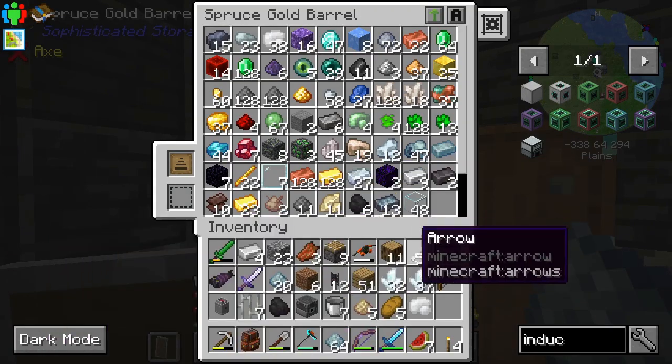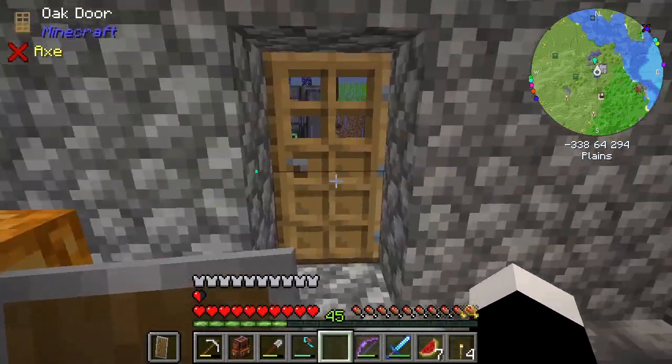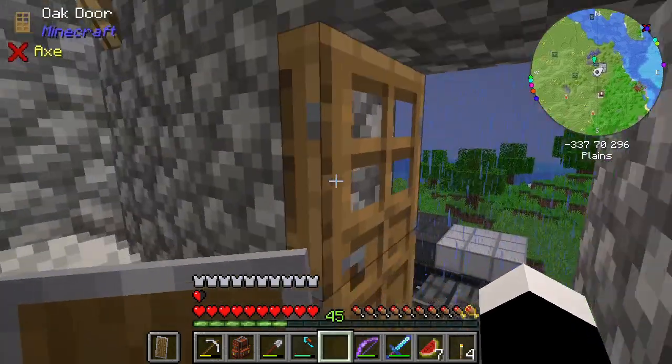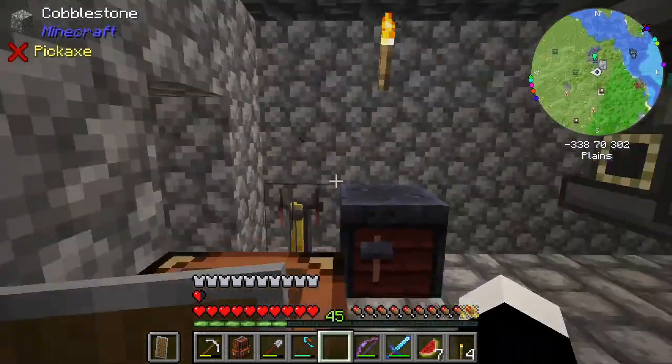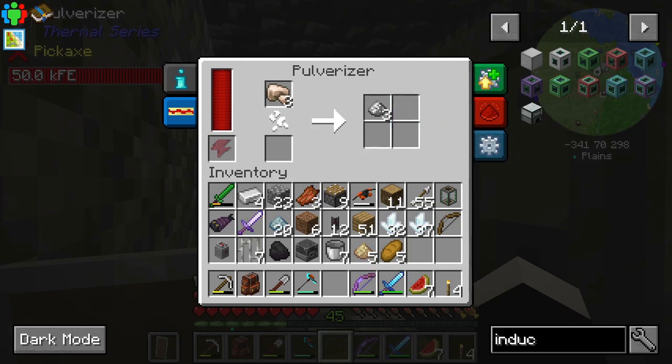I suppose that's the difference between Mekanism and thermal series. Thermal series is about the extra metals you can get when processing. Mekanism is about the amount of extra metal you can get. See, there's some already.